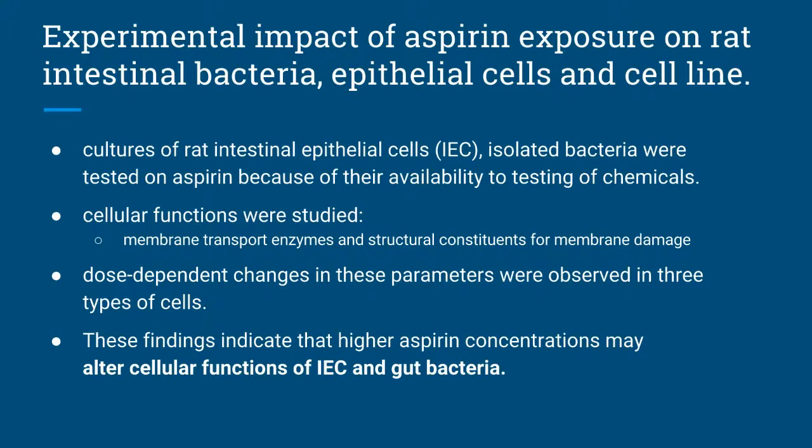When they studied the effect of aspirin on cellular functions, the results showed that based on varying doses of aspirin, there were significant changes within the three types of cells, including the gut bacteria. The paper concluded that higher aspirin concentrations may alter cellular functions of the gut bacteria.